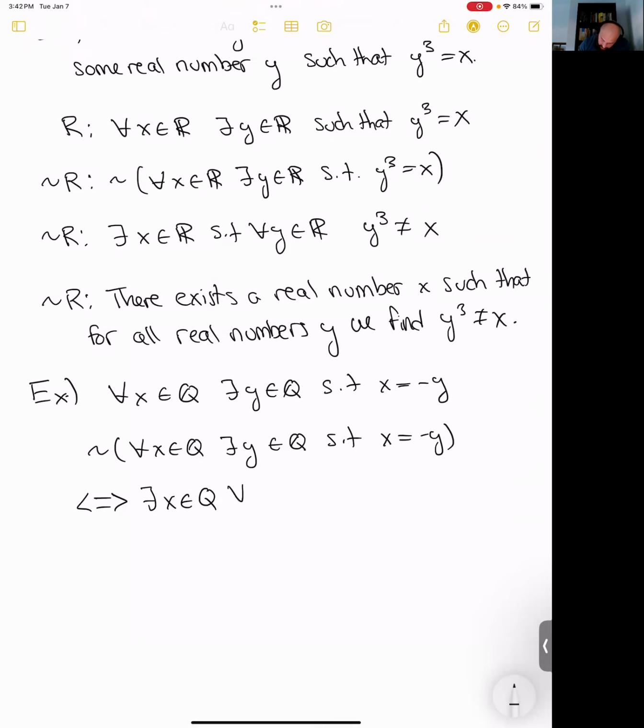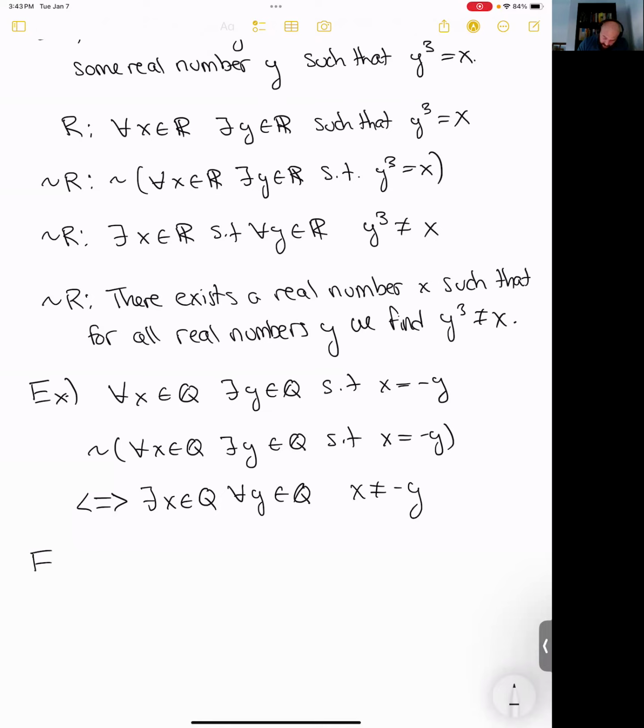Then when it hits this there exists, I get a for all. Notice it changes the quantifier, but it doesn't change where the x or the y lives. So you don't say there exists an x not in the rationals. It doesn't not the "in" part of the expression. Such that x does not equal minus y is what it's equivalent to.